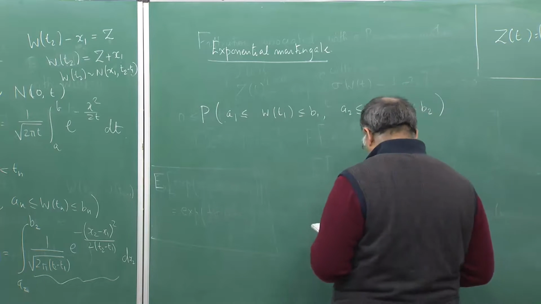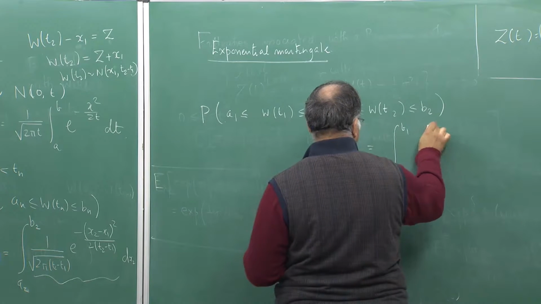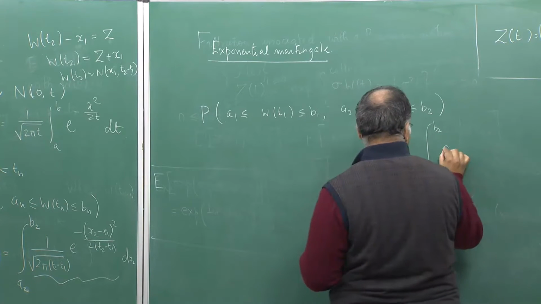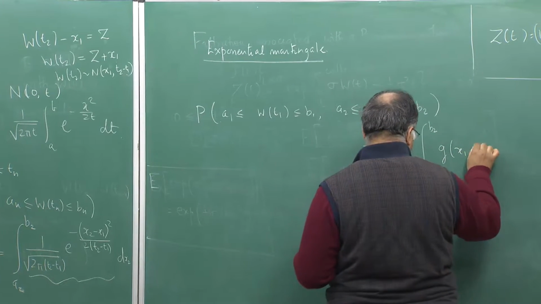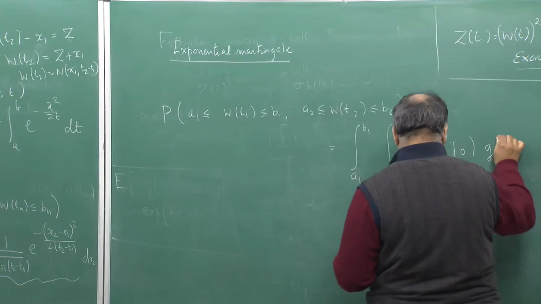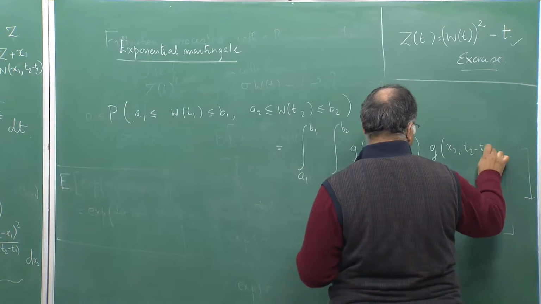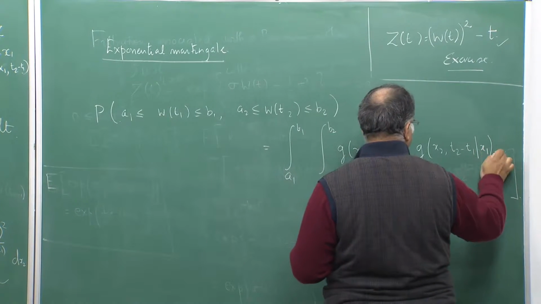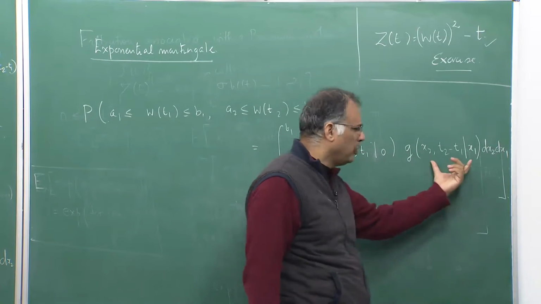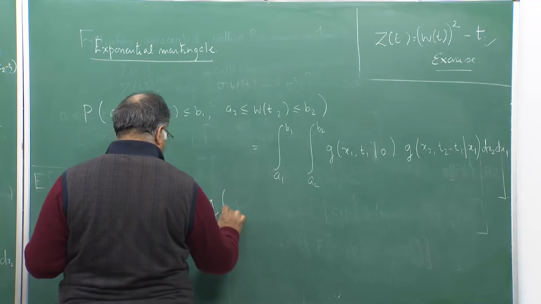So these are the marginal densities. The marginal density in general is given like this.